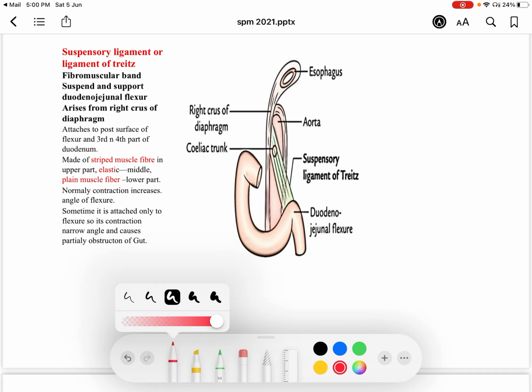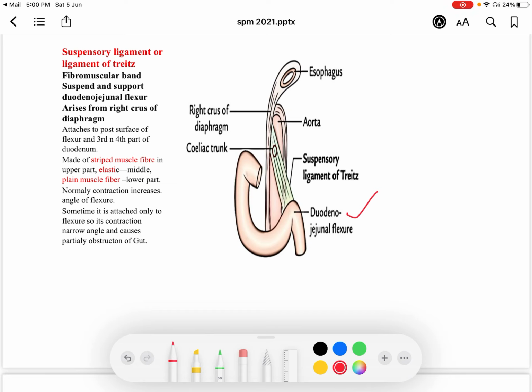This is the right crus of the diaphragm, attached to the duodenojejunal flexure. And this ligament of Treitz is formed by striated muscle fibers in the upper part.